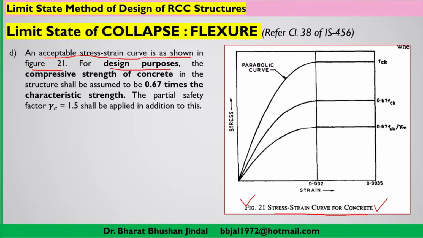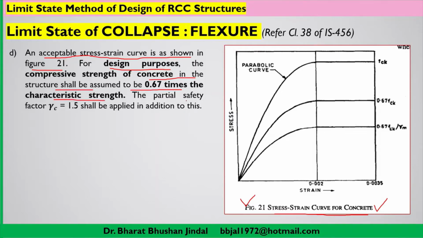For design purpose, you can see here three types of graphs are shown, and we will be able to understand the first, second and third graph now. For design purpose, the compressive strength of concrete in the structure shall be assumed to be 0.67 times the characteristic strength.